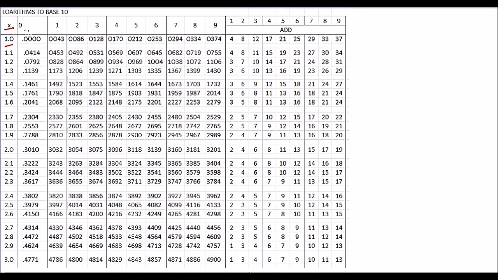From there we have this table starting from 0, 1, 2, 3, 4, up to 9. That is the main table. And then we have another table which has numbers 1, 2, up to 9. This is called the table of differences.